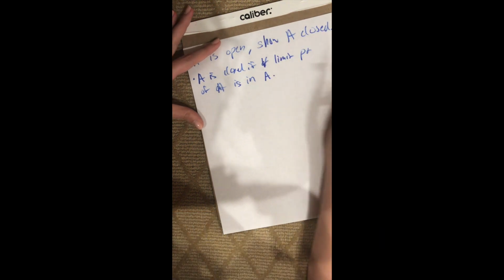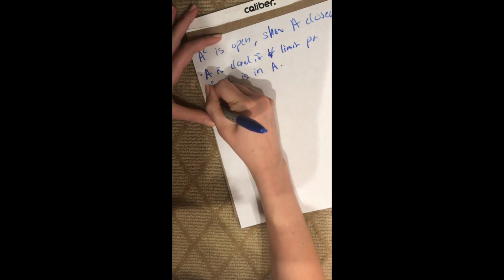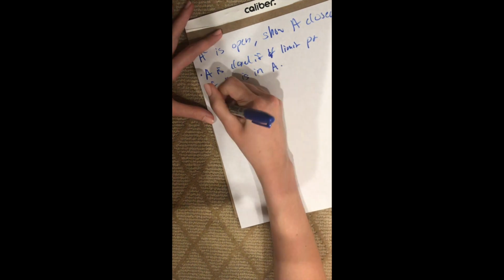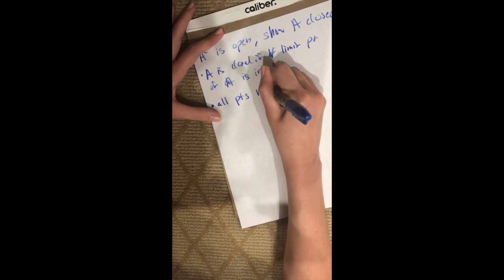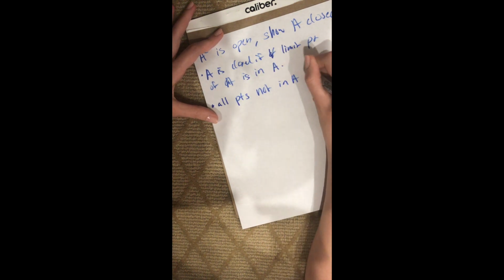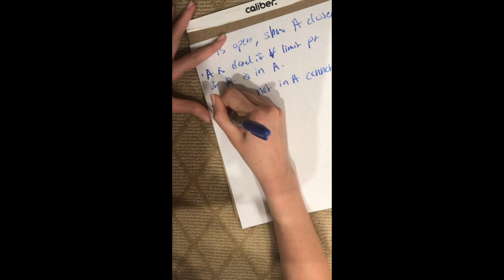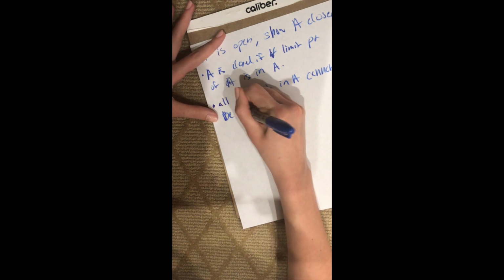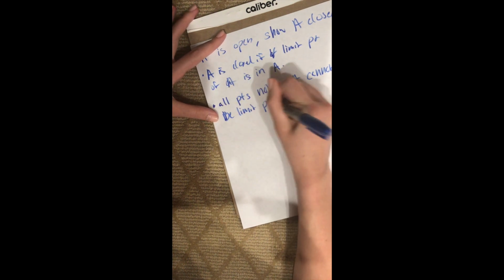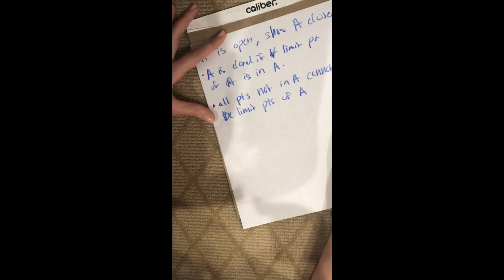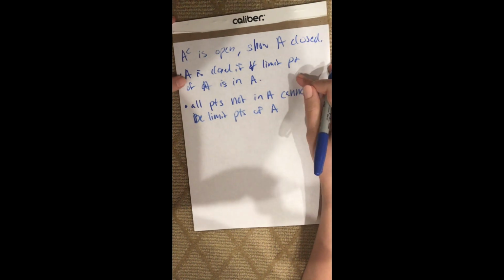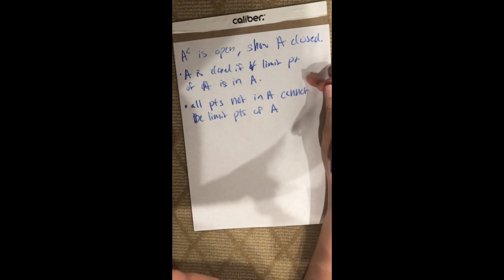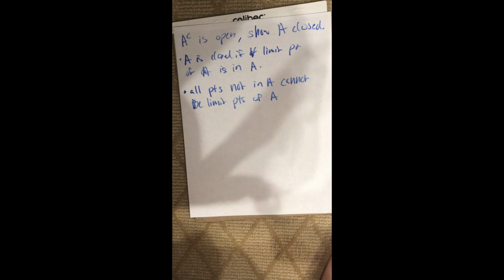So this statement is equivalent to saying that all points not in A cannot be limit points of A. So if A is closed, if it contains all its limit points, then we need to show that all the points that are not in A cannot be limit points.